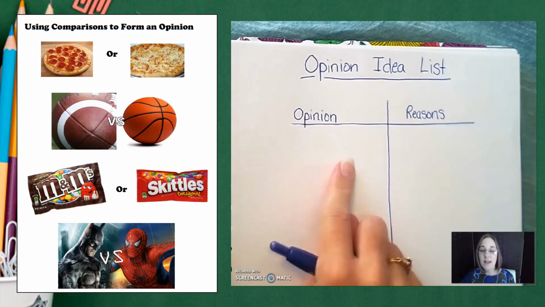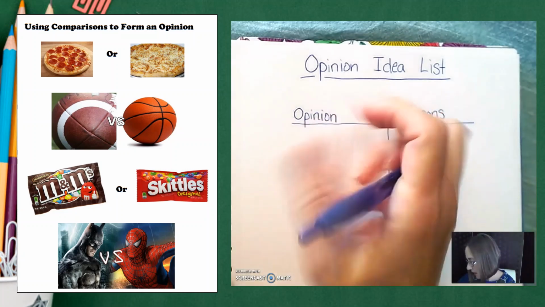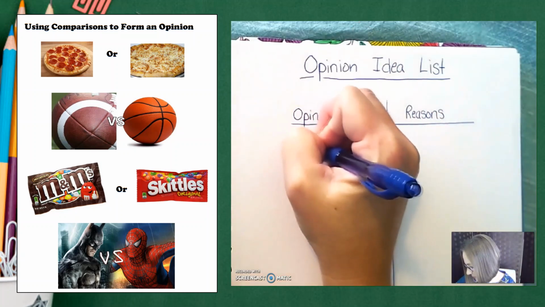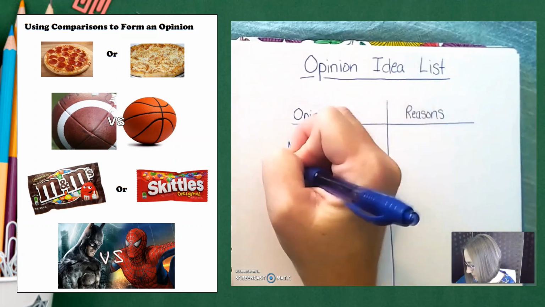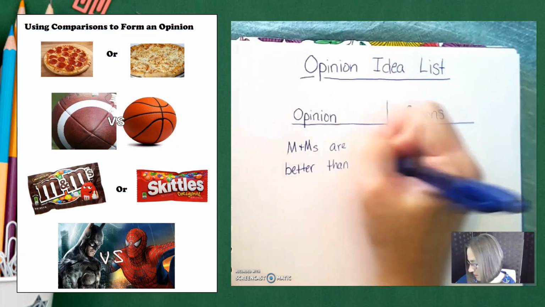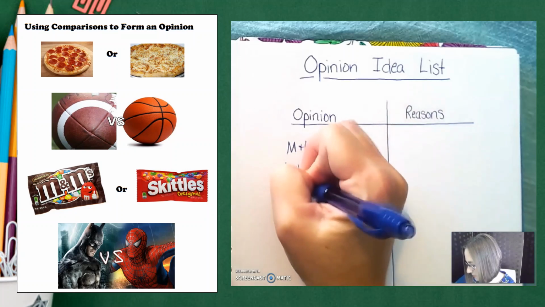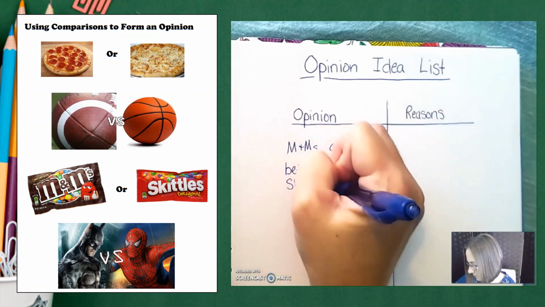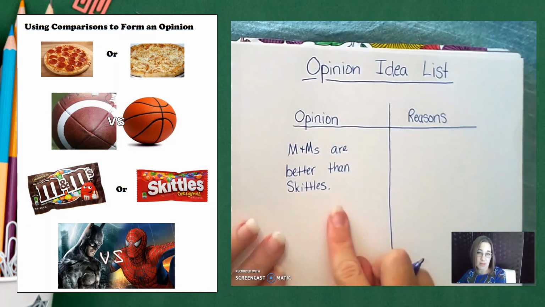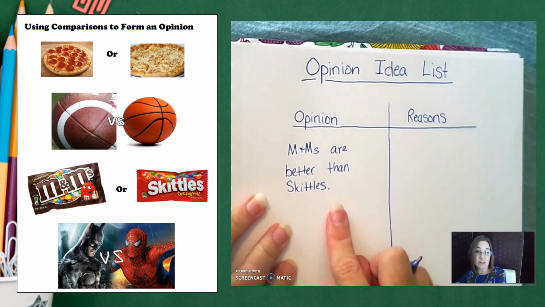So I want to write that under my opinion. M&Ms are better than Skittles. So that's how I use the which is better question to come up with my opinion. M&Ms are better than Skittles.